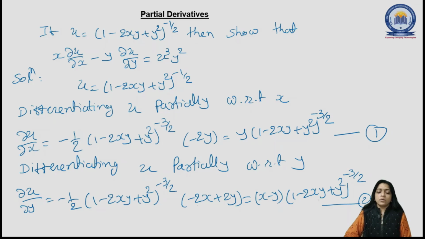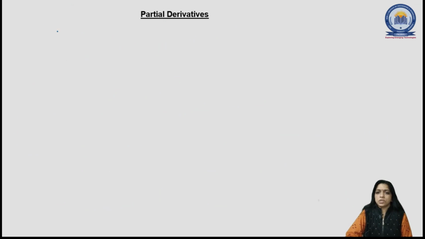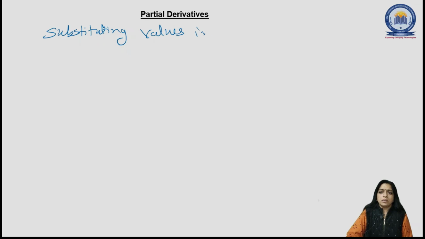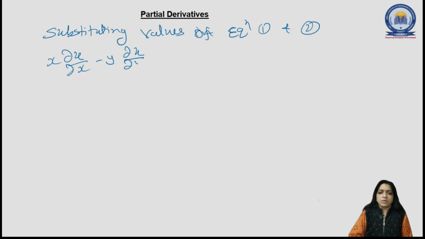Okay, now I am going to substitute the values of equation 1 and equation 2 in the left hand side term. So substituting, x del u by del x minus y del u by del y, right?